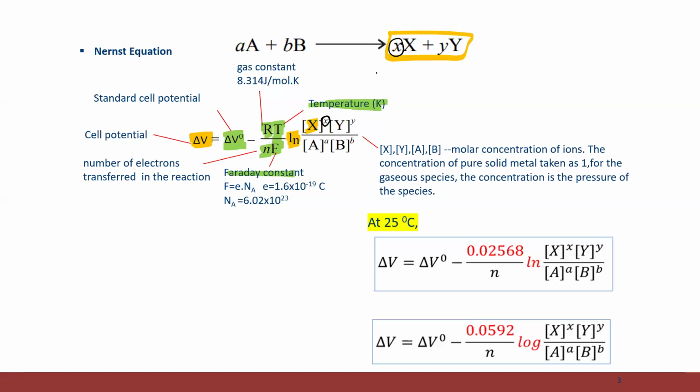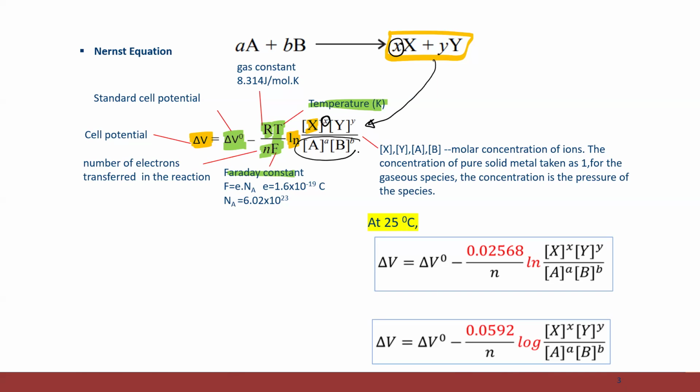The numerator is relevant to the outputs on the right-hand side of the equation, and the denominator is relevant to the input side, the left-hand side. We are going to do a question, so you will be fine when we do a numerical question.